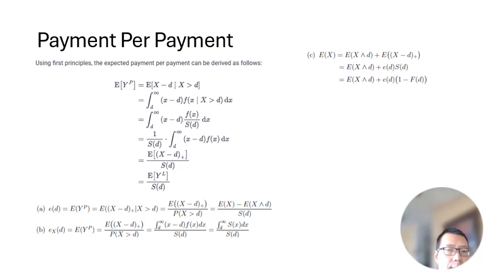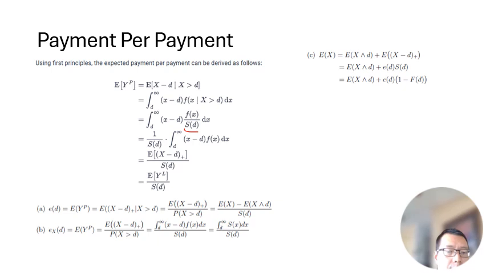The rest of the derivation is similar to what we had before, except this one is conditioning on X greater than d, so there is a survival function S(d) in the denominator.